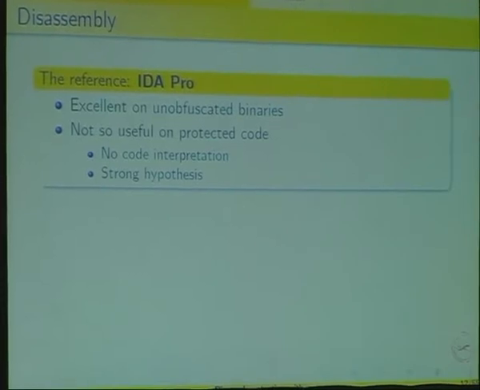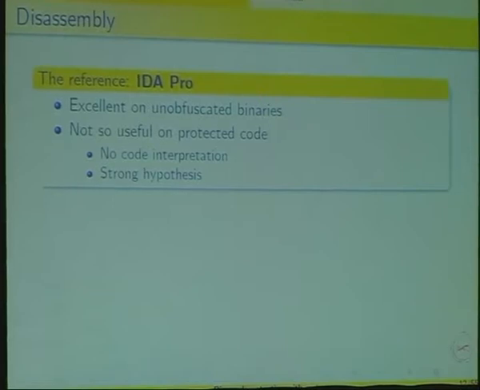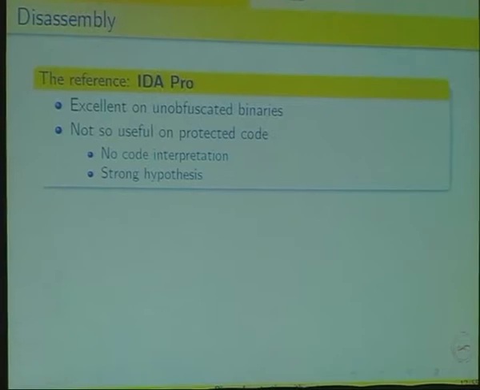It can recognize standard libraries and standard functions. It handles symbols very well and stuff like that. But when you deal with protected code, you hit some very hard limitations of this software, because it's quite dumb.